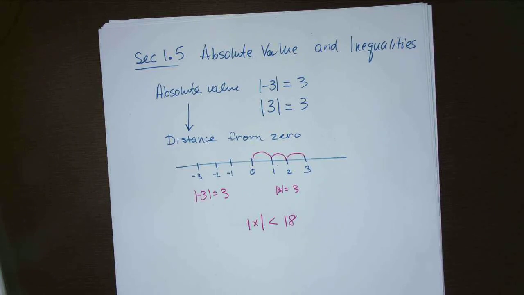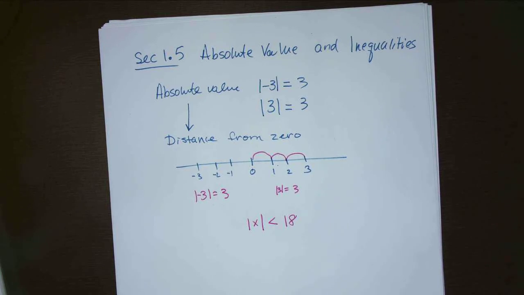How about the number 0? Yeah. What about the number 5? Yeah. What about -5? Yes. The absolute value of -5 is less than 18. So -5 is included. It doesn't mean positive numbers only.